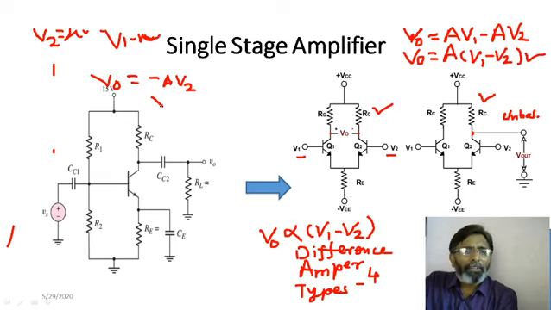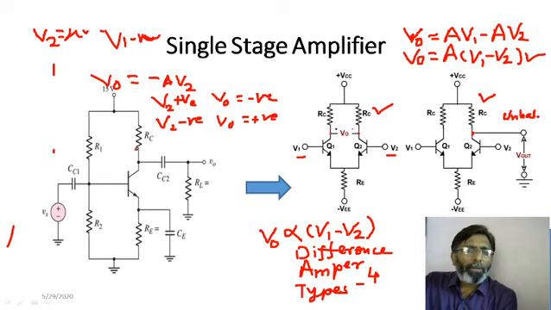Now, if my V2 is positive, my VO will be negative. If my V2 is negative, my VO will be positive. It means if I am applying positive input, my output is negative.